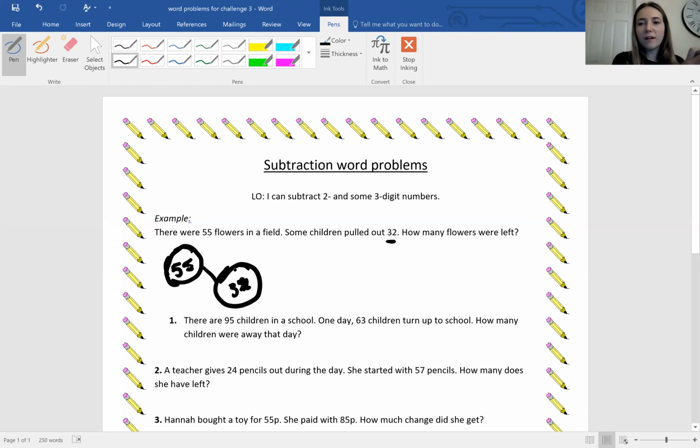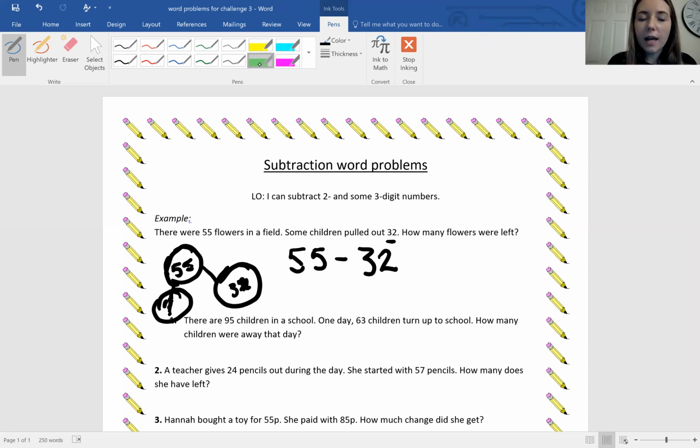There were 55 flowers and 32 of those flowers have been pulled out. So the other number is how many flowers were left. Okay, so that means I know that 32, add this number, makes 55. I know that 55, take away this number, will tell me how many is left. So I can do 55, take away 32.